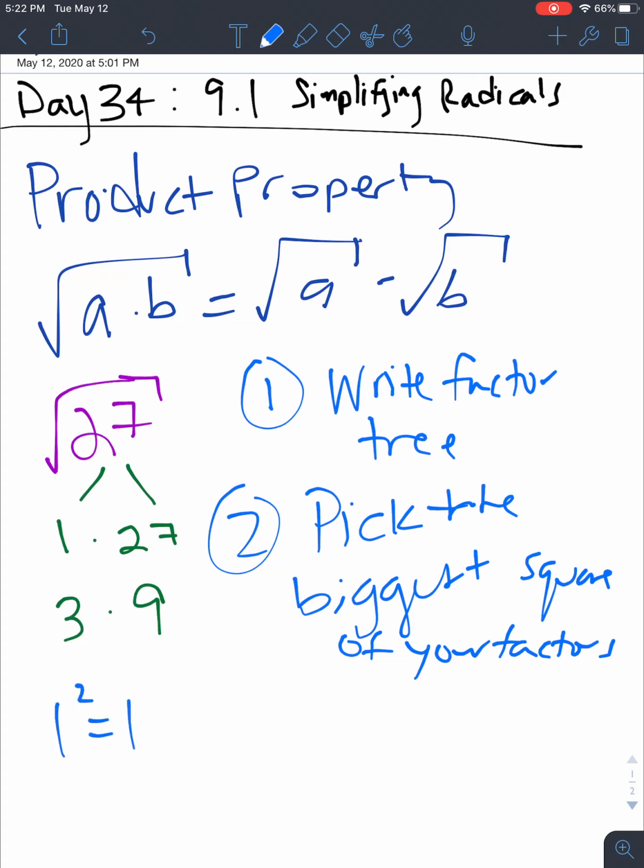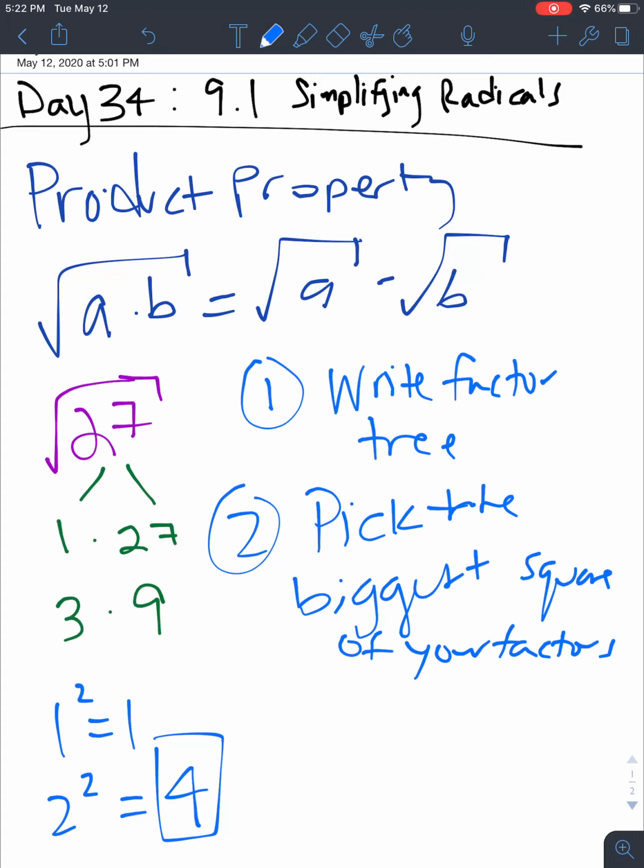So 1 is a perfect square. 2 squared is 2 times 2, which is 4. So 4 is a perfect square. All right, 3 squared is 3 times 3, which is 9. So 9 is a perfect square. So 1, 4, 9, 16, 25, so on and so forth. Those are all perfect squares. So you're going to pick the biggest one out of your factors.